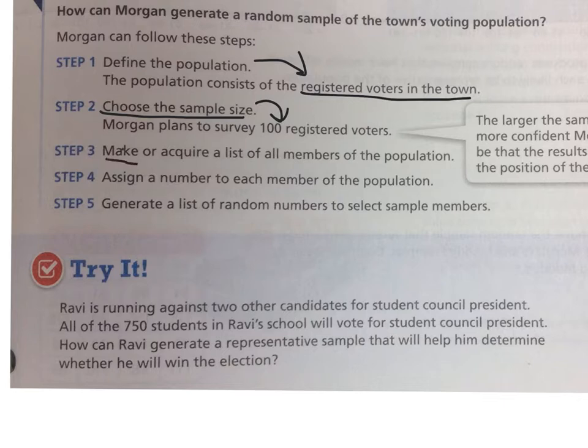Make or acquire a list of all members of the population. She could assign a number to each member and then generate a list of random numbers. They have tools out there where you can have it randomly generate numbers for you, randomly pick numbers between this number and this number. Okay, so those would be some steps she could do.